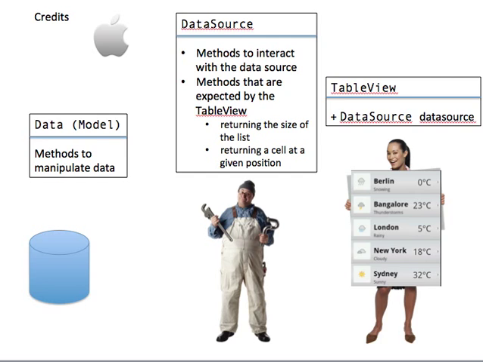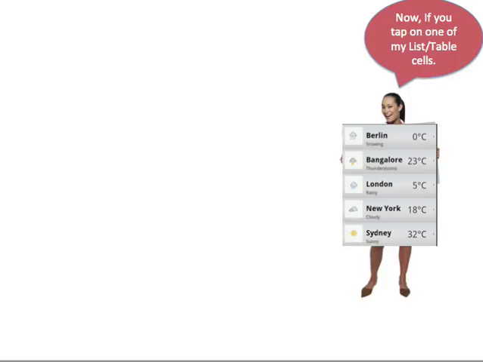Now there's one other bit. So we had how to populate the data. Now, if you want to tap on any of the cells of the table or the list, something should happen. If you want to interact with it in any other way, like swipe it or long press it, something should happen, right? Now, for that to happen, the table view or the list view doesn't know what to do when you tap on a cell.